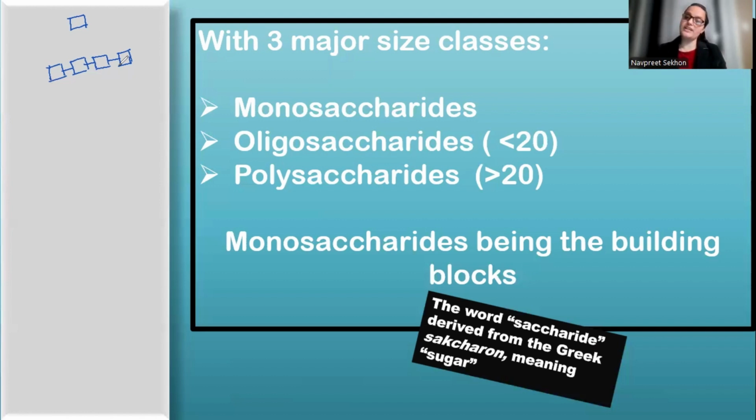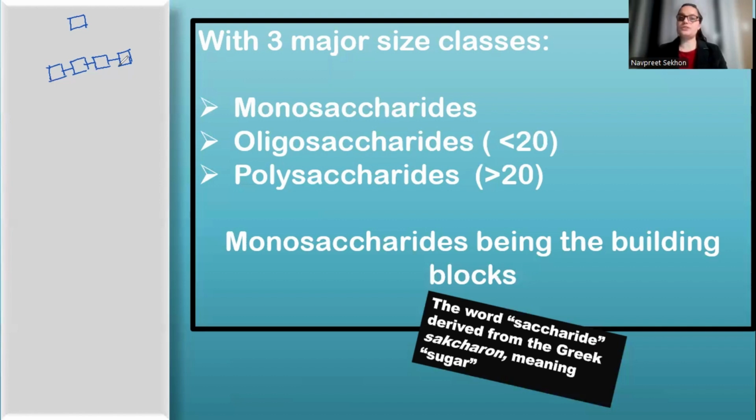With fewer monosaccharides in one chain, the carbohydrate is known as an oligosaccharide. With more than 20 monosaccharides in a branched or unbranched chain, they are called polysaccharides. So the conclusion is that monosaccharides are the building blocks of carbohydrates.